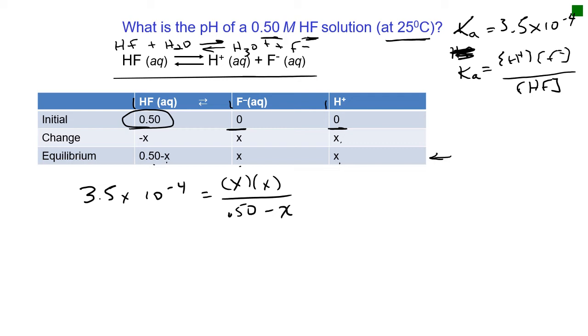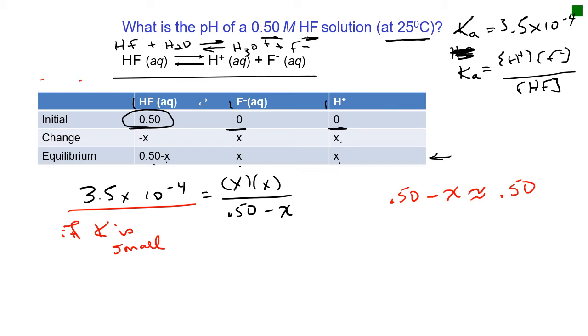So what was our assumption? Our assumption here is that if K is small, and by the way, if it's less than about 10,000, which this one is, this is small, then we're going to say that 0.5 minus X is about equal to 0.5. That the reaction lies so far on the side of the reactants that any change is negligible.